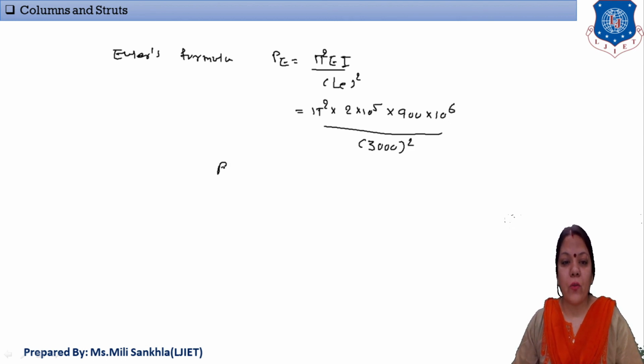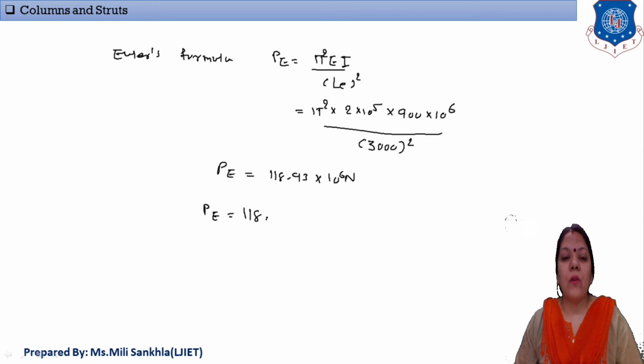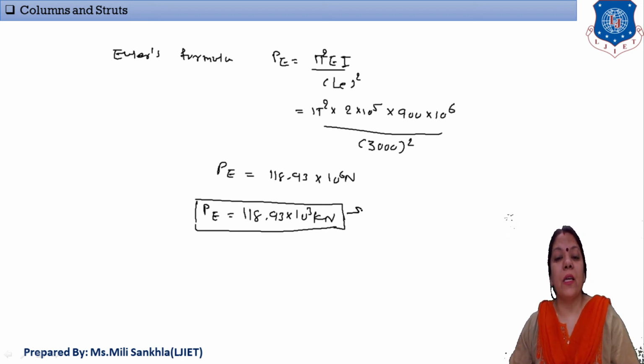After solving, my Euler's load is equal to 118.93 into 10 raised to 6 Newton. If I want to convert this value into kilonewton, then Euler's load is equal to 118.93 into 10 raised to cube kilonewton. This is my Euler load, or what we can say the crippling load.